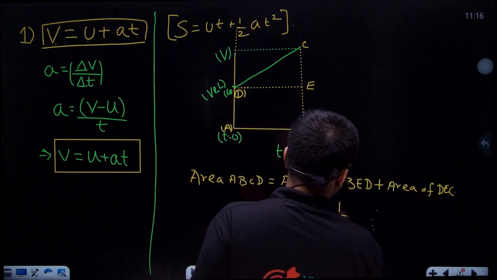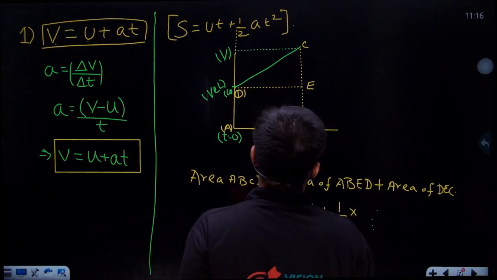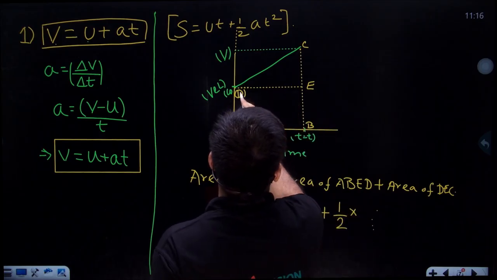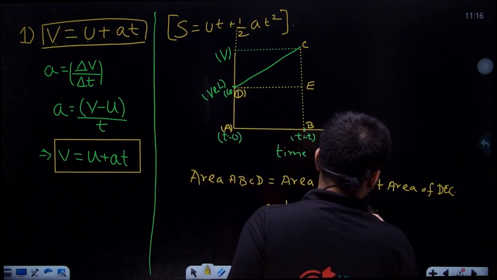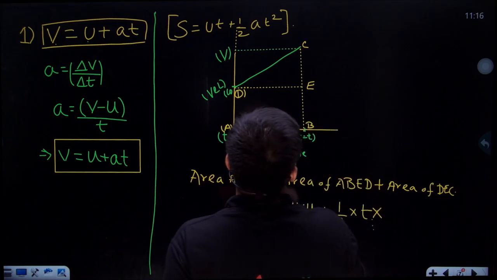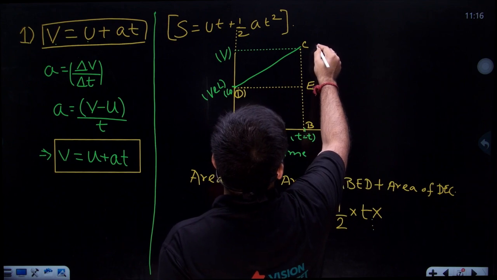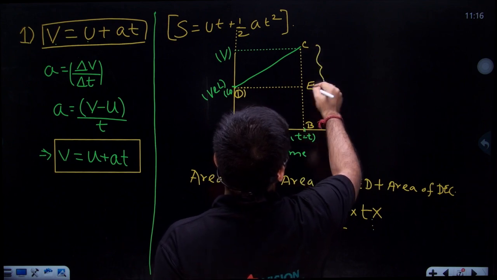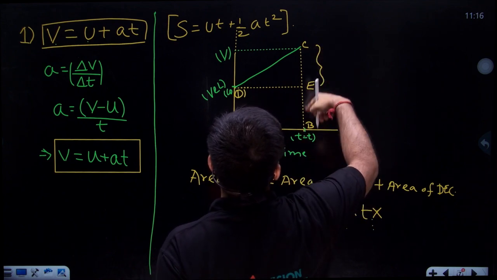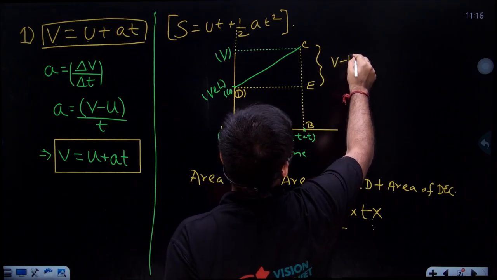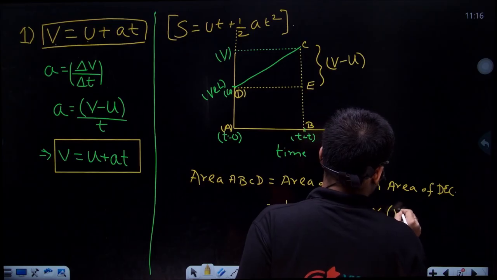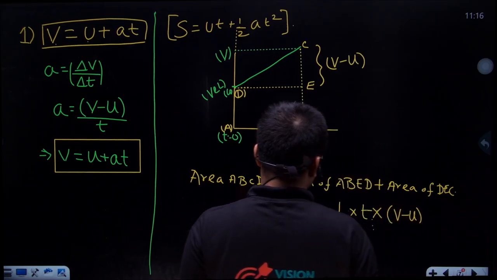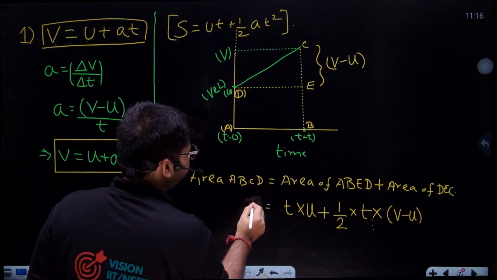This is half into the base, which is t, into the height. The height is CE, which is V minus U. So this is going to give you S.